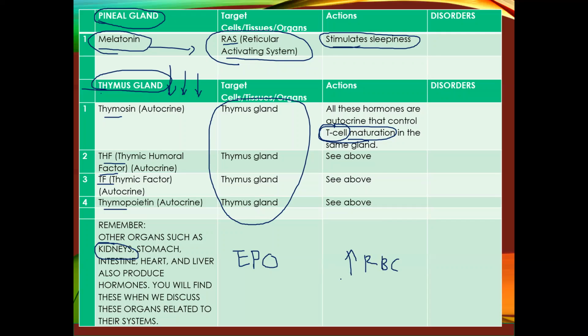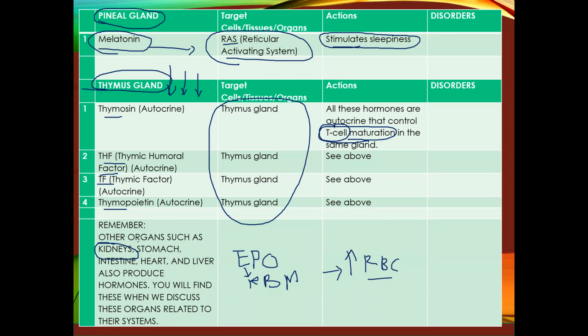So what is the target cell going to be? Of course, the one that produces red blood cells, the red bone marrow. So the EPO target cell will be the red bone marrow to increase red blood cell production.